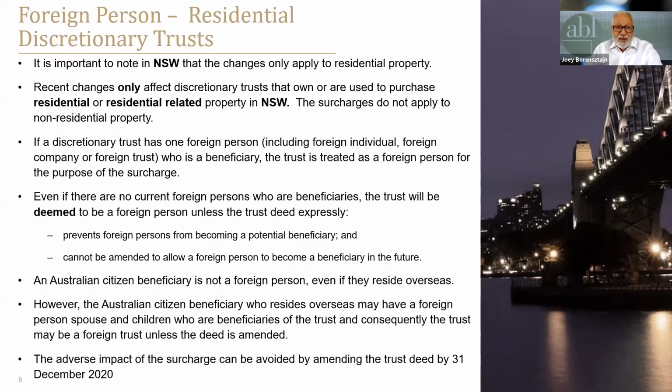So even if there are no current foreign persons who are beneficiaries of a trust, the trust will be deemed to be a foreign person now, following the changes, unless the trust deed expressly prevents foreign persons from becoming potential beneficiaries, and the trust deed prohibits an amendment to allow a foreign person to become a beneficiary in the future. This means that all trust deeds that are relevant need to be amended. I'll provide more detail shortly.